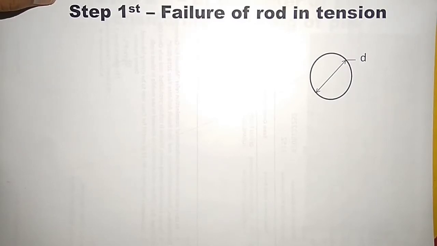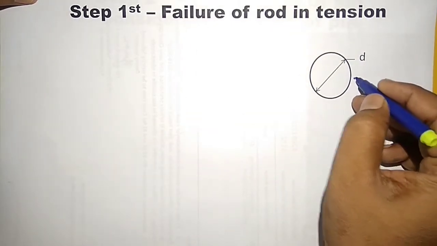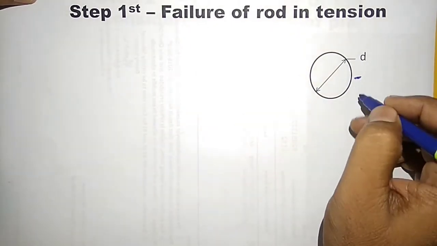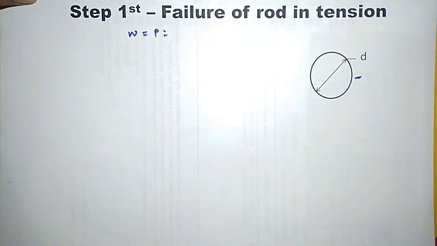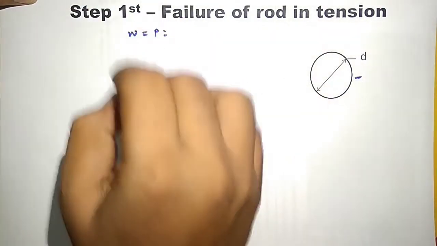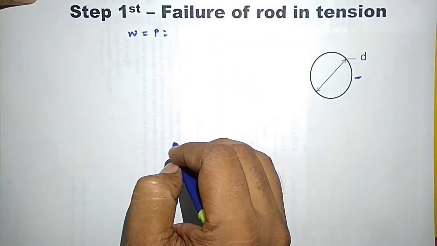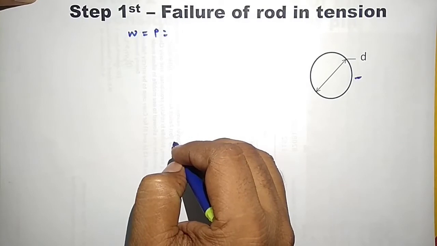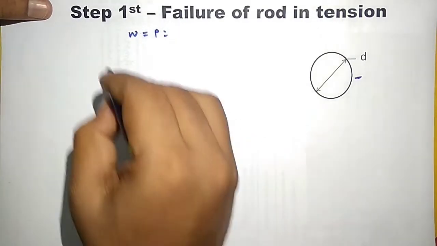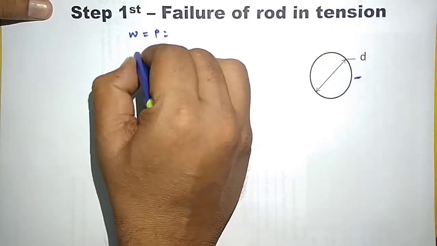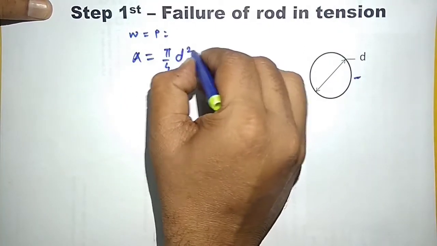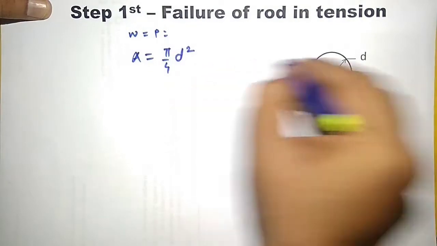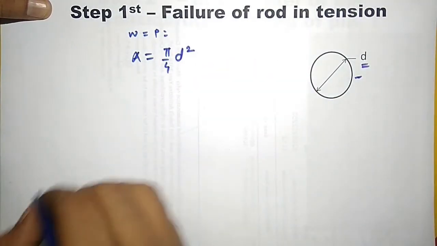The first step is failure of rod in tension. It means that this rod may fail in tension due to the tensile load W or P, whatever it may be. The area under tearing will be pi by 4 d square, where d is the diameter of rod.